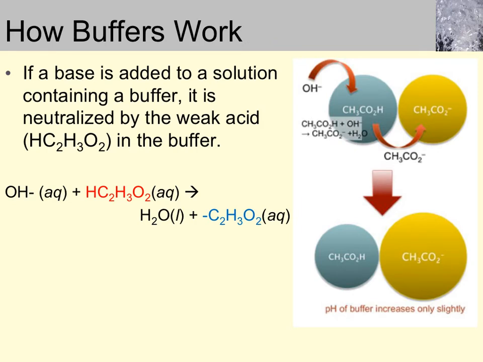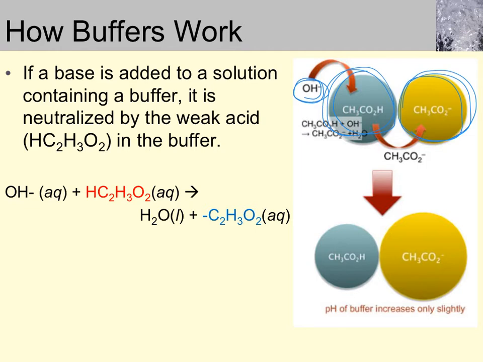So how do buffers work? It's probably easiest to describe using this visual. If you have a buffer system made up of the weak acid, acetic acid, and its conjugate base, the acetate anion, and you contaminate it with either an acid or a base, in this case we're going to contaminate it with a base, hydroxide, let's say.